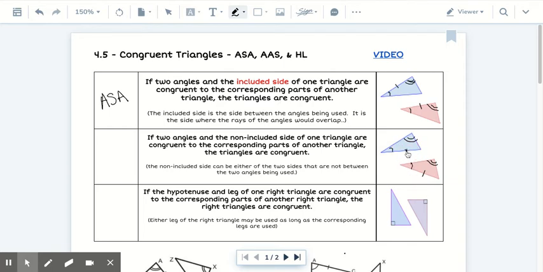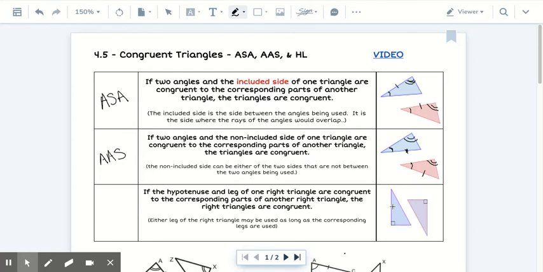So these two are not between those two angles. This side is not a side of both of those angles. But these two triangles are still congruent. This is just by another theorem. This one is angle, angle, side.